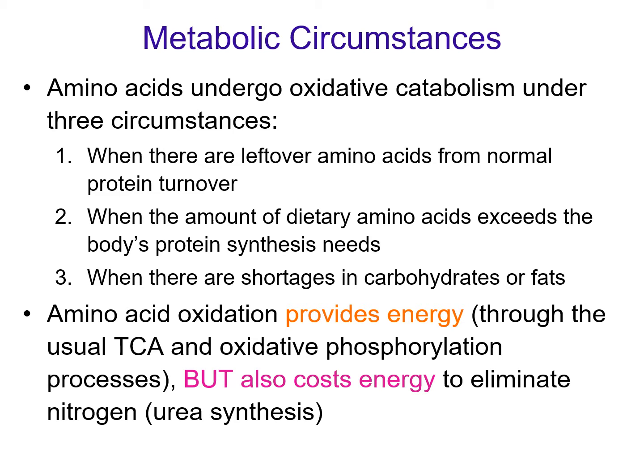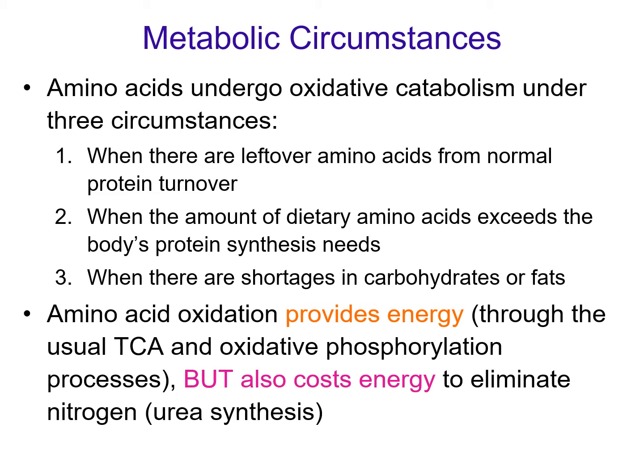We can also utilize amino acids when the amount of dietary amino acids exceeds the body's protein synthesis needs. Many of us may eat more protein than we actually need to synthesize the enzymes and proteins for our body. And so we can utilize those proteins for fuel only when we need that for fuel, or when there's a carbohydrate or fat shortage.